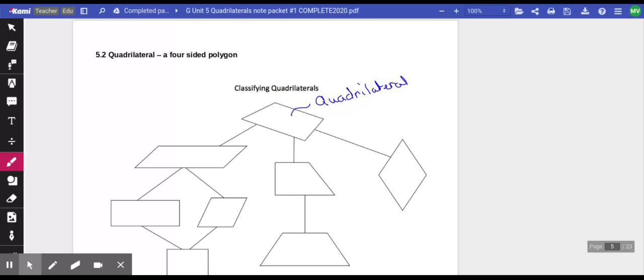So underneath our basic quadrilateral, we have three distinct trees or legs. So the first is a kite.